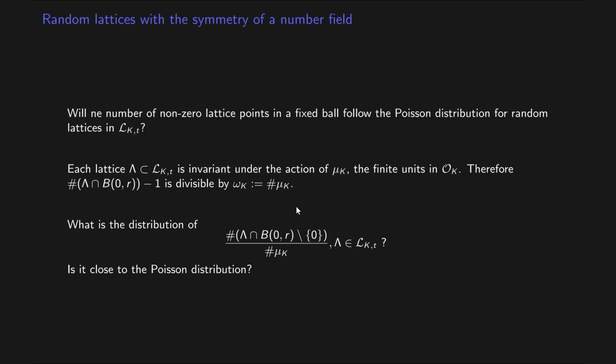For this reason, we cannot have a Poisson process, but maybe if we compute not the number of points, but the number of points divided by the size of this finite group, that number will follow the Poisson distribution.